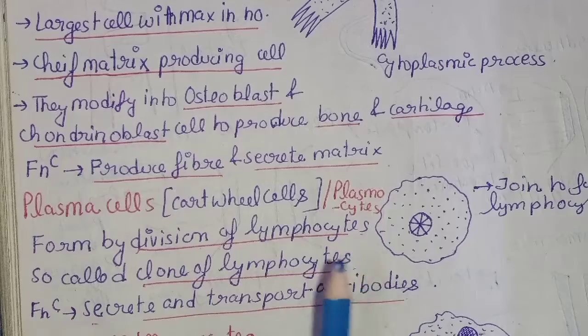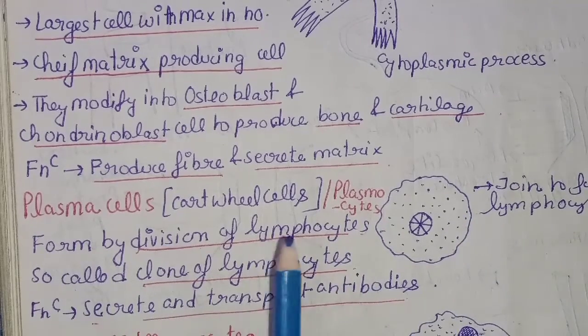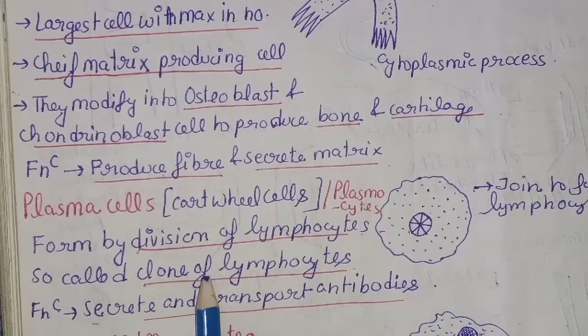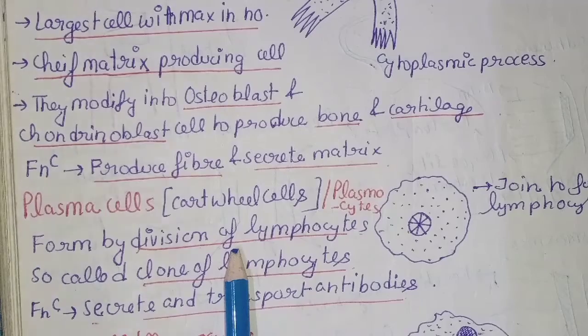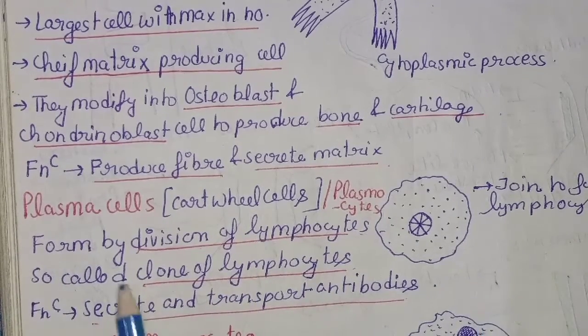Plasma cells are formed by the division of lymphocytes. When a lymphocyte divides, the plasma cell is formed, so it is also called the clone of lymphocytes. Its function is to secrete and transport the antibodies throughout the body.